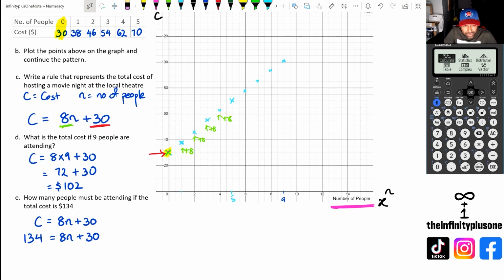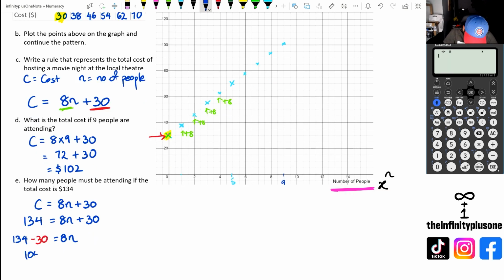So if I was to do this algebraically, what I would do is 134, and I would take the 30 to the other side, which means it becomes minus, and what I've got here is equals to 104, which equals to 8n, and I'm just going to rewrite this as 8n equals 104.